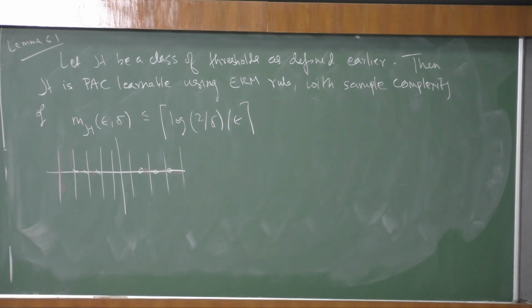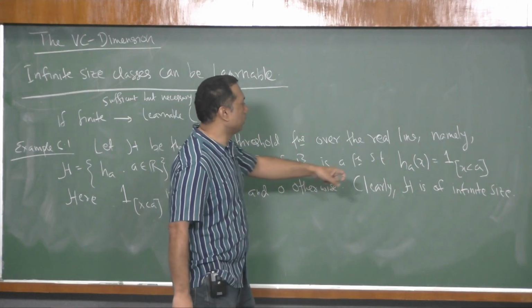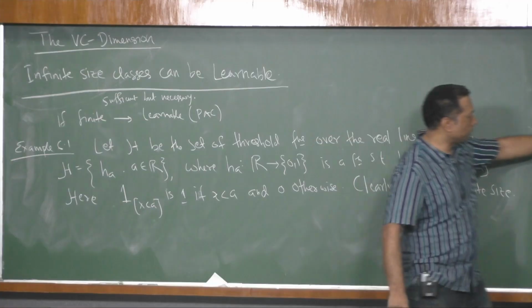So what should be my good cutoff? In other words, what should be my good a, for which all the x's will be on this side? You can define that for all these x's which are less than a, you will say you guys are 1.